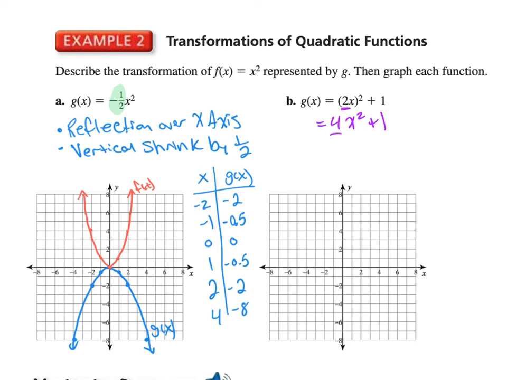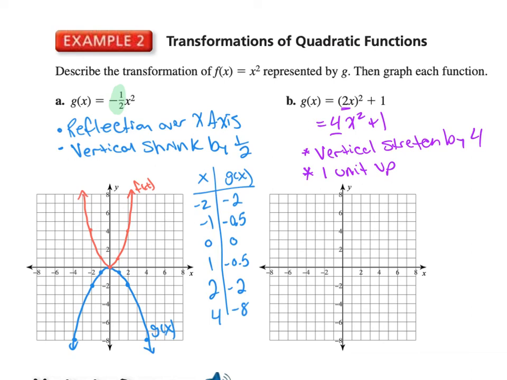That is a vertical stretch because it's greater than 1, by a factor of 4. And then we have plus 1 on the outside, so that is a vertical translation of 1 unit up. Okay, so we expect these sides to be steeper and the whole graph to be moved up 1 unit.